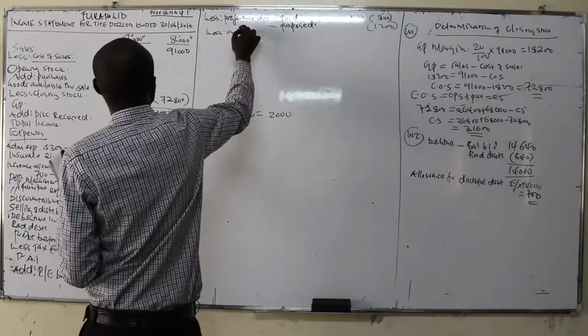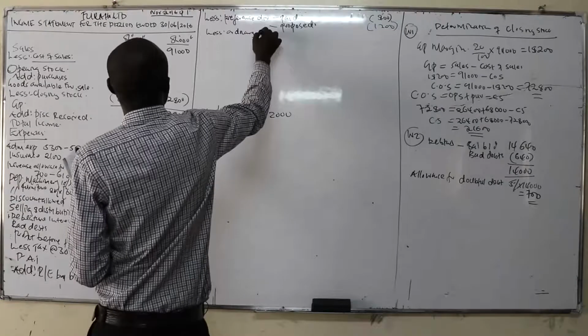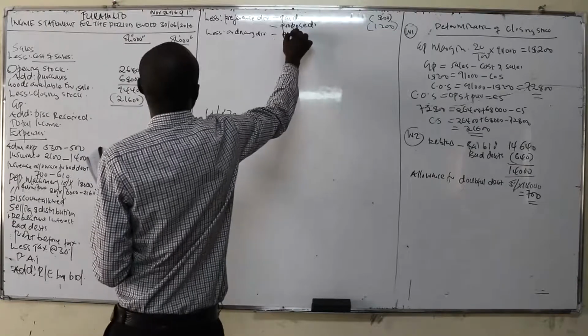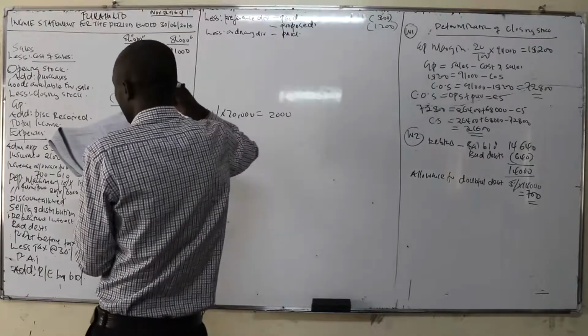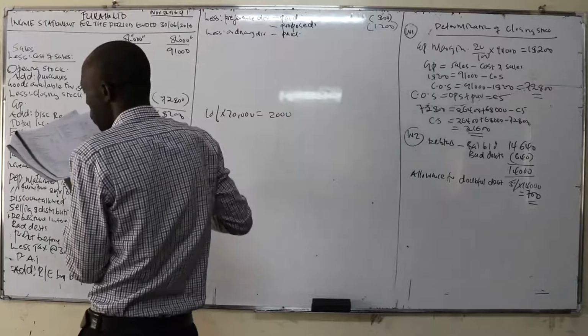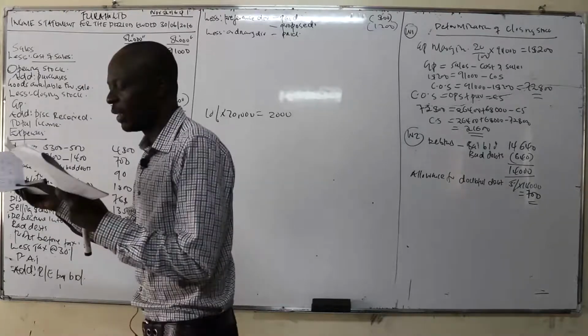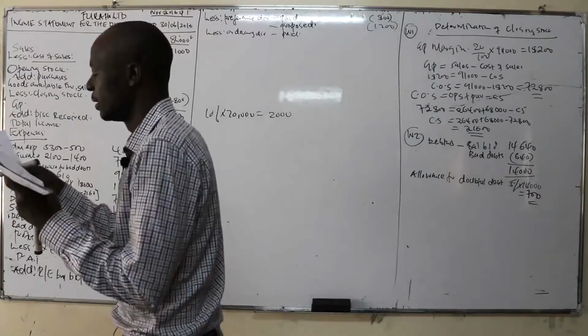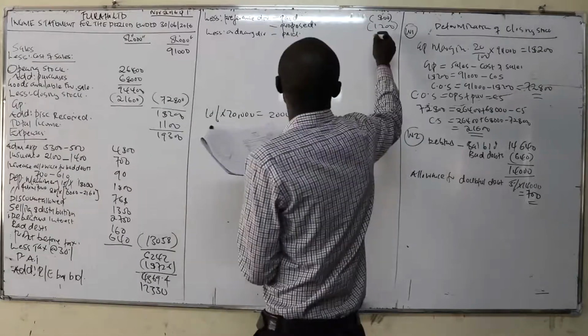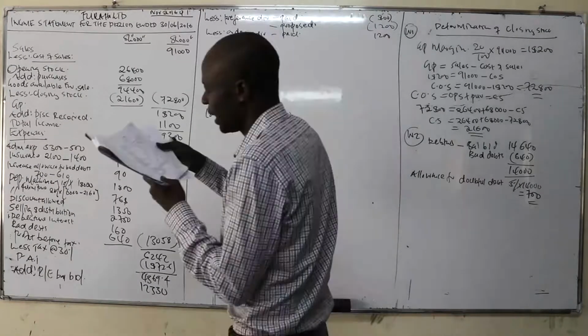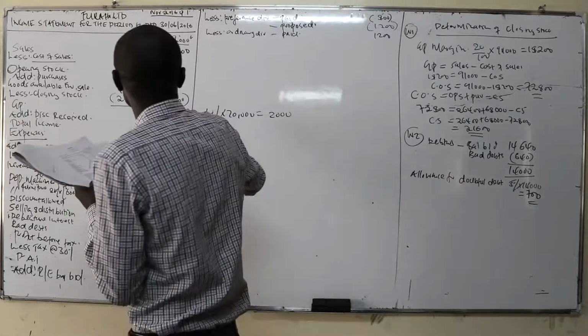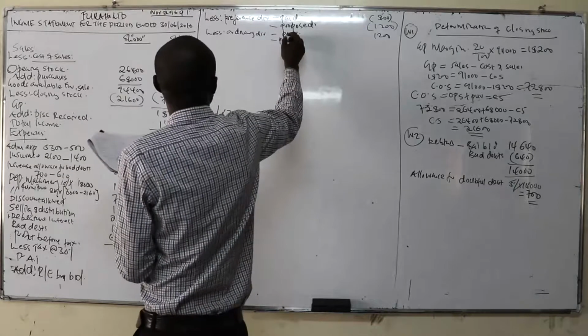And then you're going to less ordinary dividend. Paid indicated in the trial balance. Ilikuwa ngapi? The one that is paid is 1,200. And then 6% proposed.